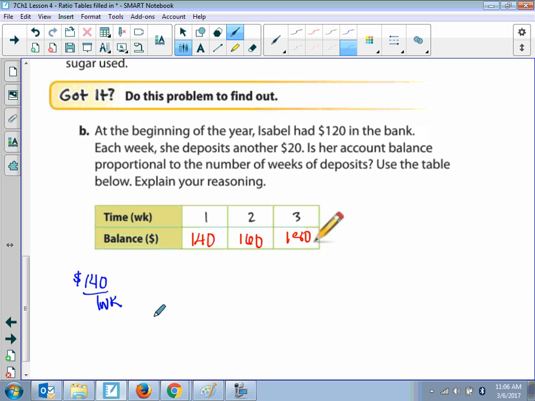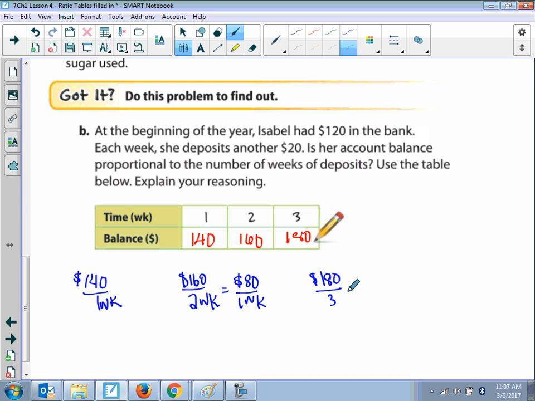Right? The next ratio or rate is going to be $160 in 2 weeks. When I simplify that to a unit rate, what's that going to be? $80 in 1 week. Very good. And then finally, our final ratio is $180 in 3 weeks.